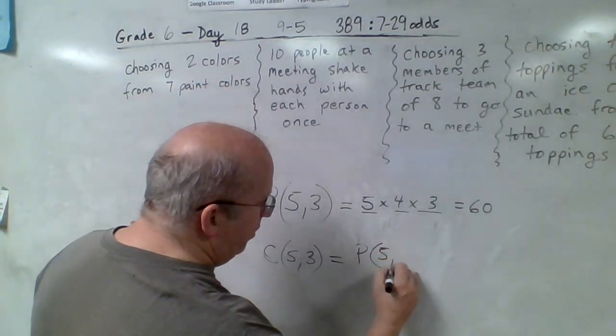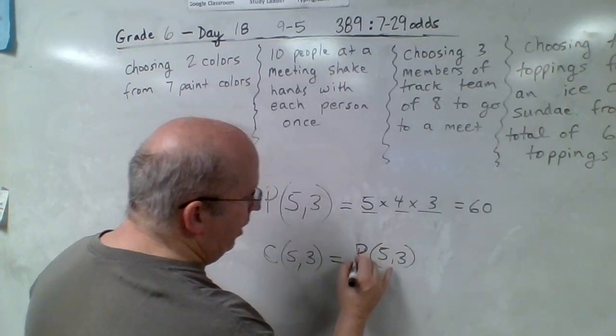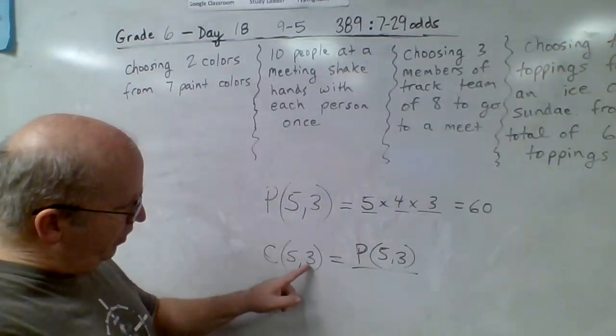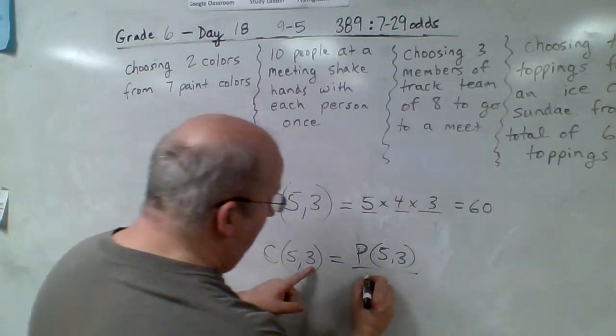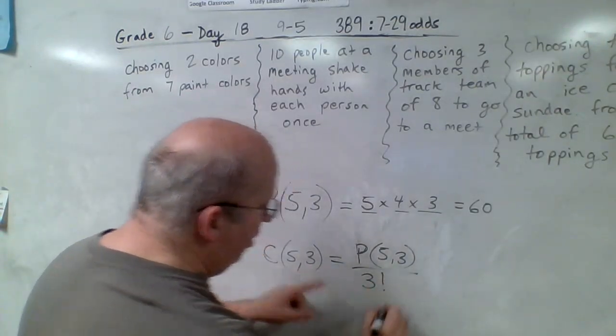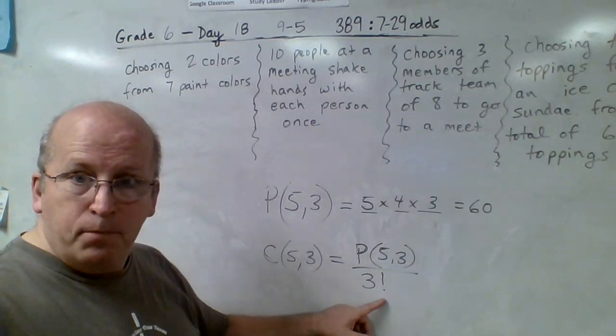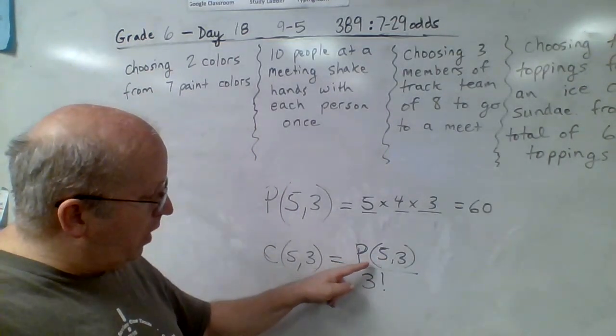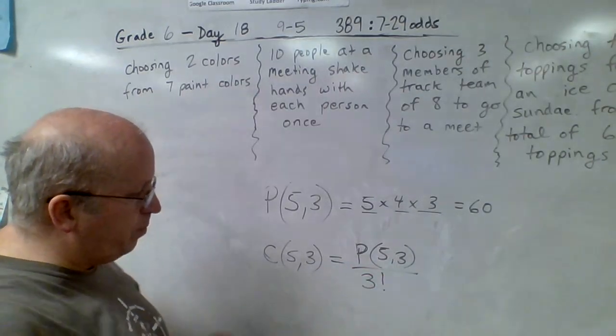I'm going to write the permutation of 5 items taken 3 at a time, but I'm going to put that over the top of the second number, and we're going to use that number factorially. We're going to factorialize that second number. So it's going to be this problem divided by this problem.